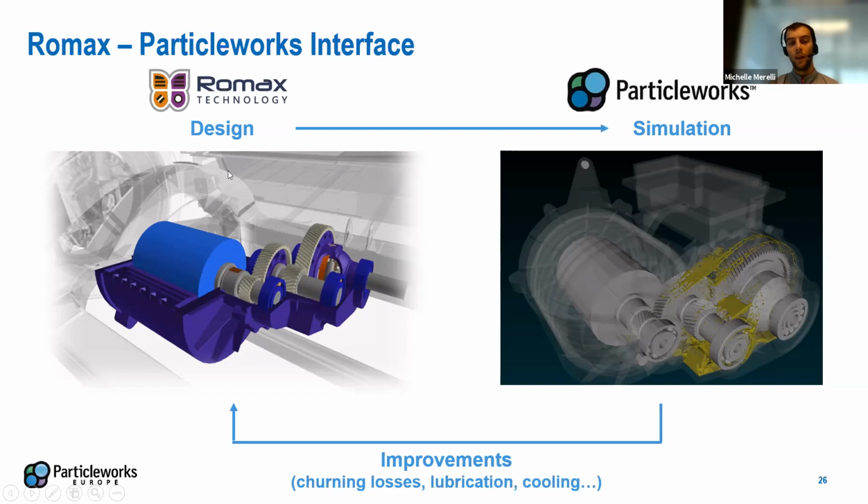So we can really speed up the design in this way, not only considering the deformations or the stresses on the gears, but also the effect of these choices on churning losses and lubrication analysis.